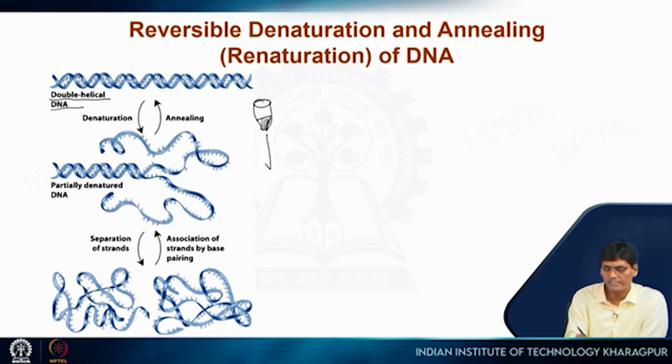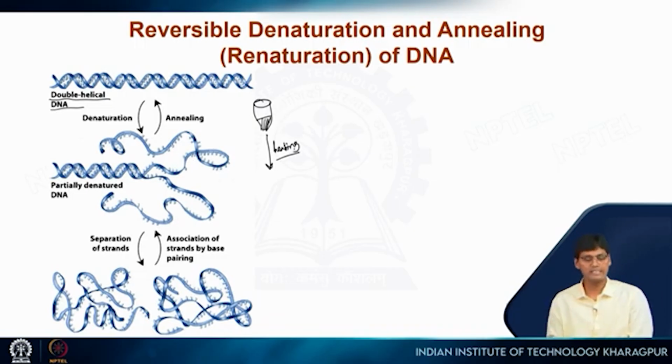Now, if you increase the temperature of this sample, so you are just heating this tube, something will happen to DNA. As you can see here, the DNA double strand will be opened up. They will be coming into single-stranded form. Why? Because those double-stranded structures are held by hydrogen bonding.